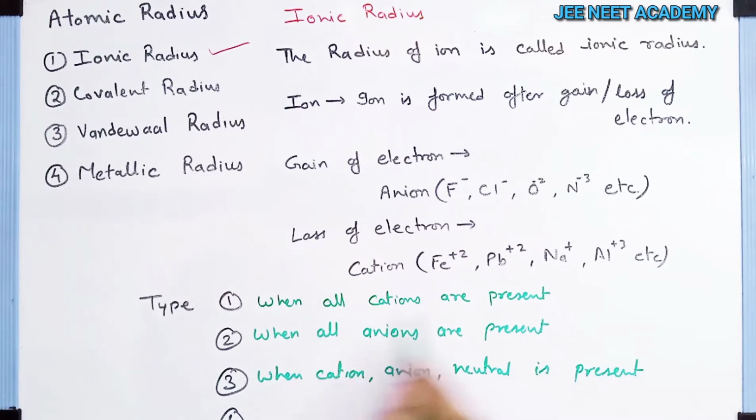When we are comparing cations only, when we are comparing anions only; third case, when we are comparing cations, anions and neutral atoms. And the last one, compare the size of elements in the periodic table, like in neutral only.